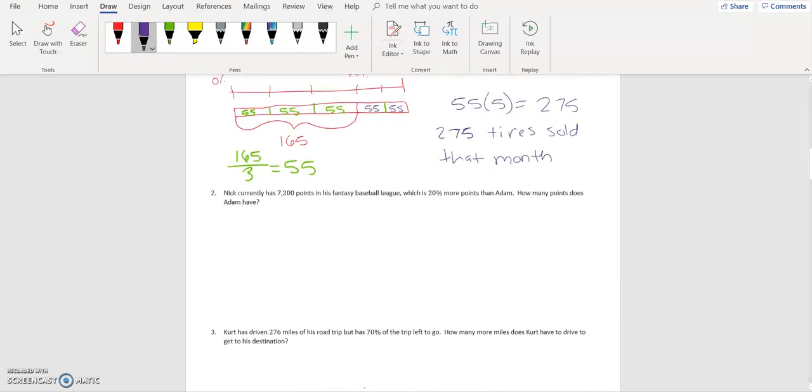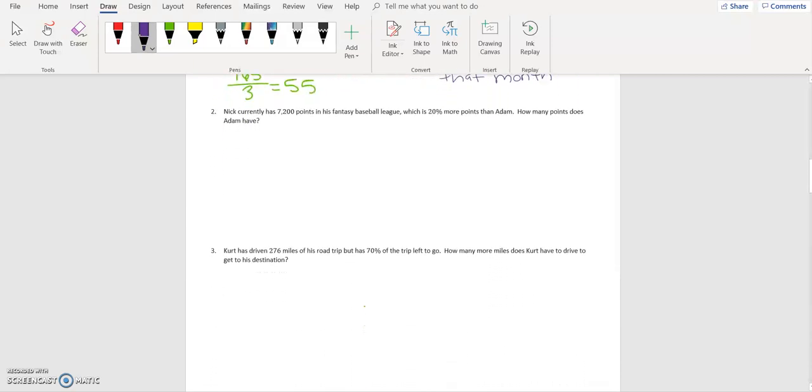Number 2. Nick currently has 7,200 points in his fantasy baseball league, which is 20% more than Adam. How many points does Adam have? So Adam is going to be our 100%. Okay, so Adam is going to represent the full 100%.